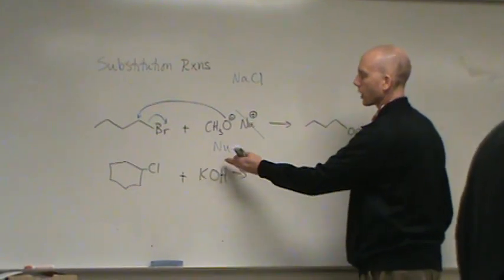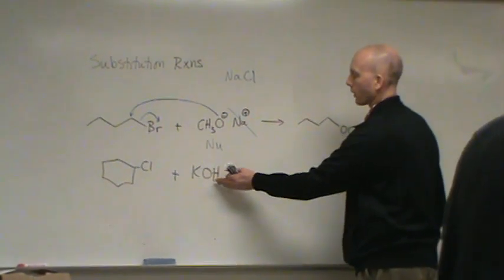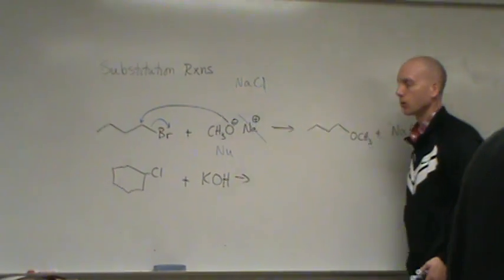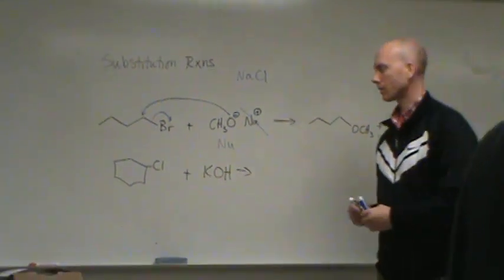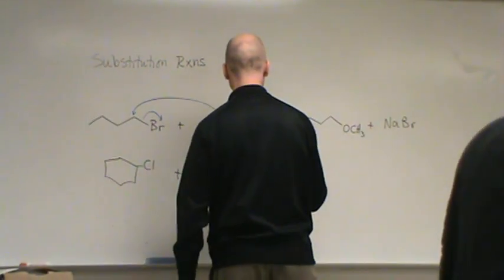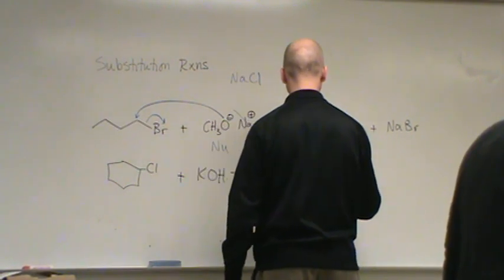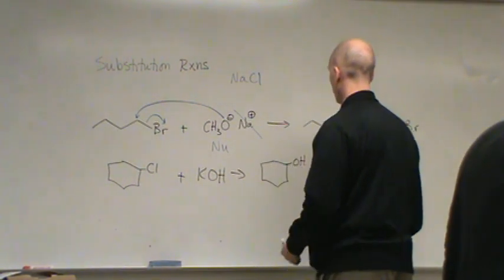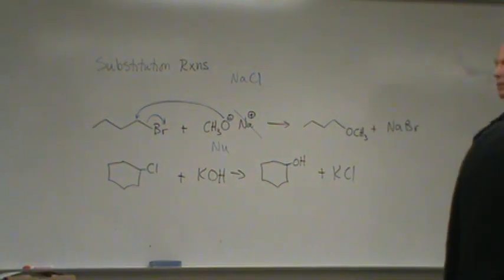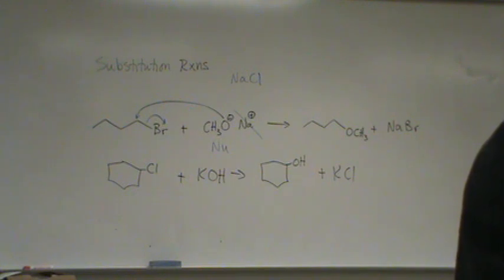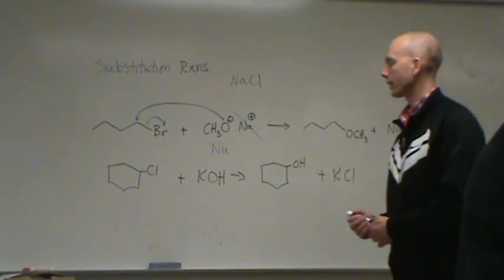I didn't draw the charges here, but you should be able to recognize what the nucleophile is. So here's a way to make an alcohol, for example. Let's look at one more example.